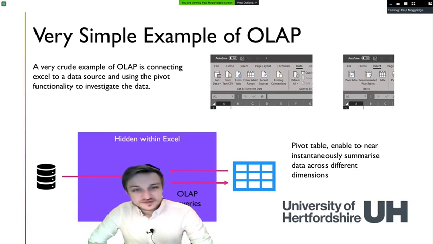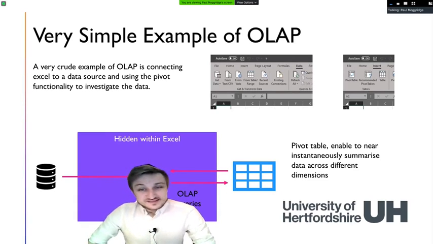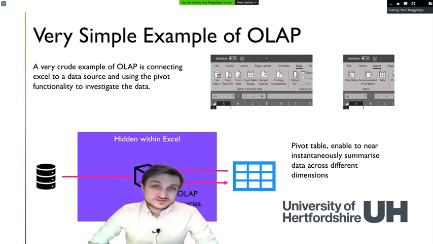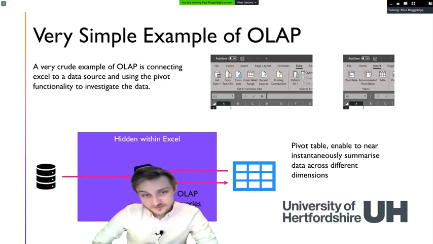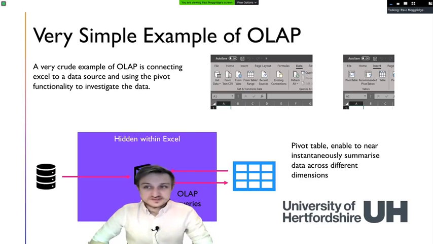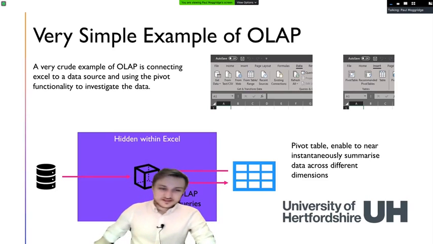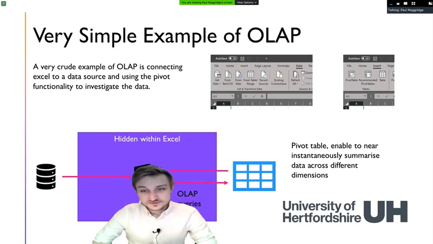Here's a very simple example of OLAP. The simplest example of OLAP can be using Excel or Microsoft Power BI directly on a CSV file or directly on a relational database. So here, just behind my head, is a diagram showing how you can load data from a data source in Excel, using the data item on the ribbon.